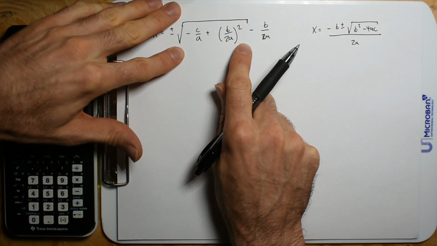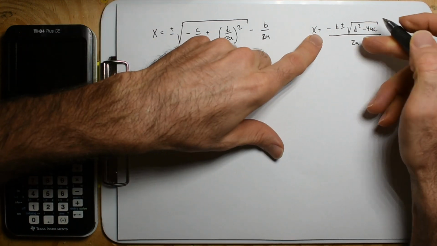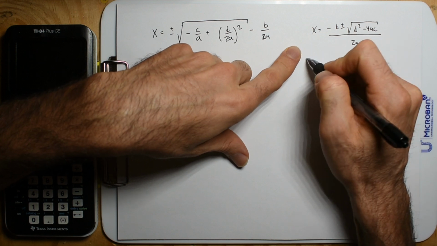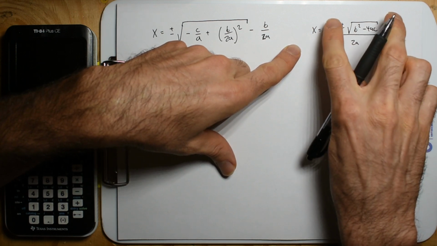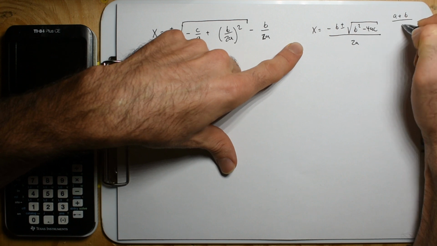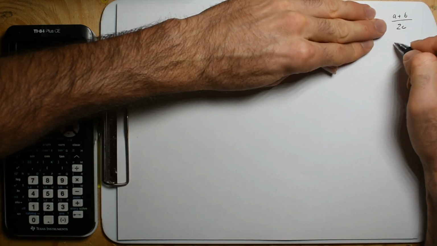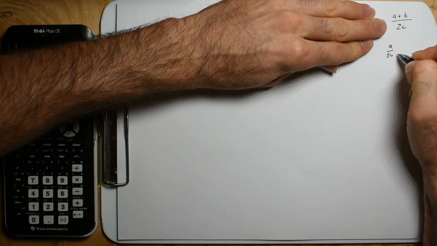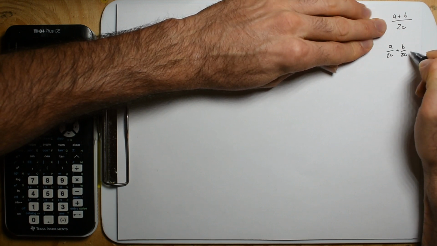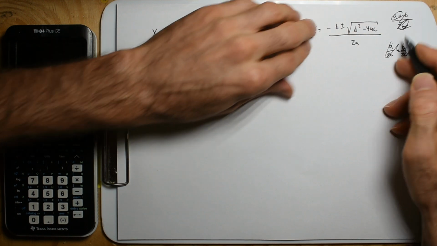Anytime something is all divided by 2a, if something on top is a plus b all divided by, we'll just do 2c, you could be like, hey, this is a divided by 2c plus b divided by 2c. Okay, sorry to use similar numbers, but that's exactly what we're going to do here.